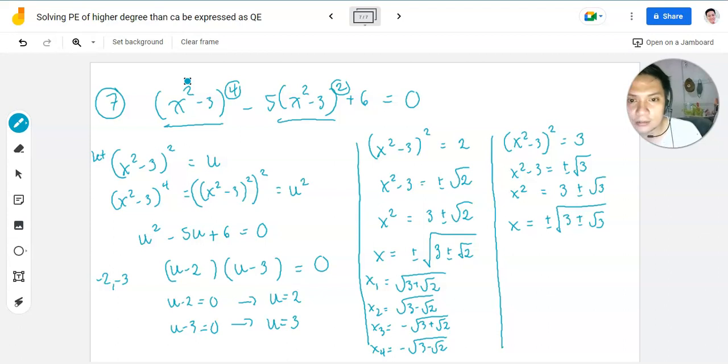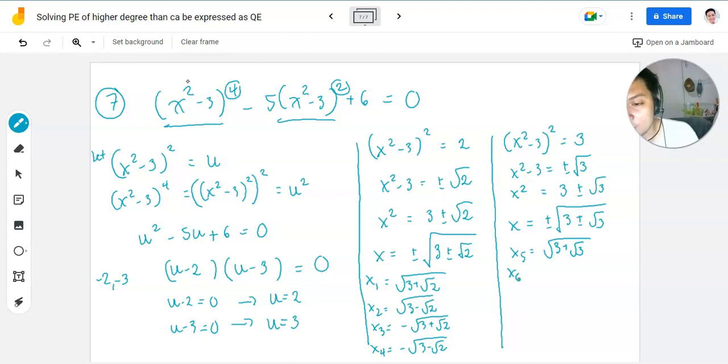Okay, kasi the degree of this equation is actually 8 kasi 2 times 4. x squared raised to 4 is x raised to 8. So, a polynomial equation of degree 8 has 8 roots. Pwedeng real lahat or pwedeng may mga imaginary doon. So, x sub 5 equals positive the square root of 3 plus square root of 3.